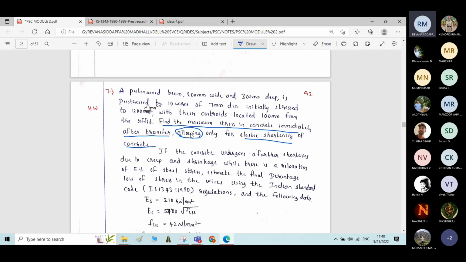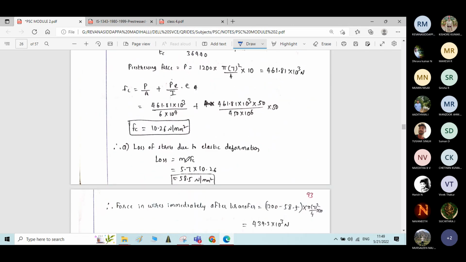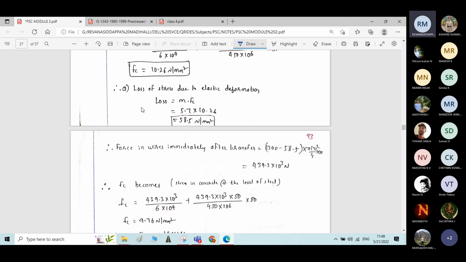He says allowing loss due to elastic shortening, which means first you need to calculate the loss due to elastic shortening. Whatever value we get, here I calculated that.